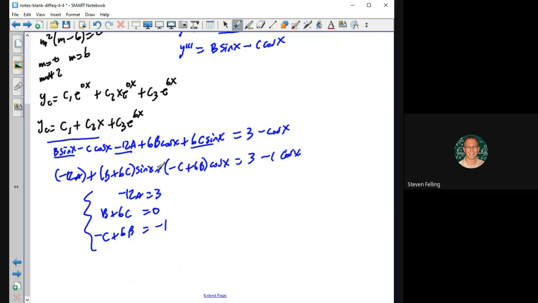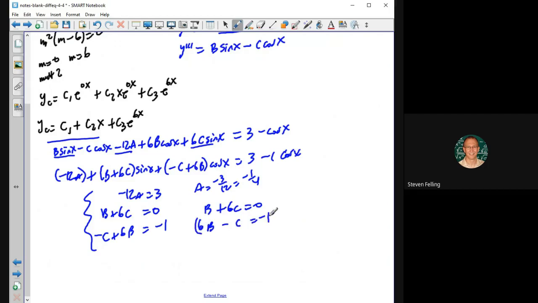There's the system. So it looks like a can be computed by itself. A is -3/12, which is -1/4. And then b and c will have to be solved simultaneously. If I write these in order, we have b plus 6c equals 0, and then 6b minus c equals -1.